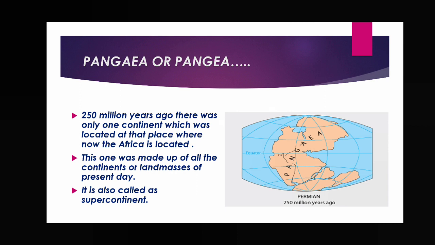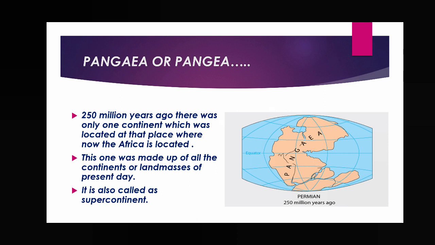I already told you that 250 million years ago there was only one continent, located where Africa is now, and this supercontinent was made up of all the continents. That means the 7 continents now present were included in Pangaea, and that is the name of the supercontinent, because all continents were together.